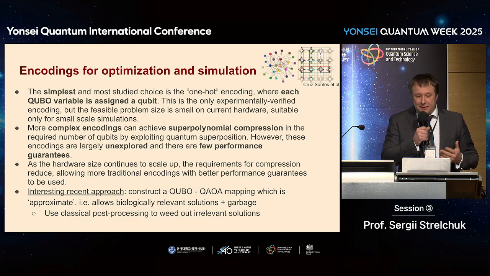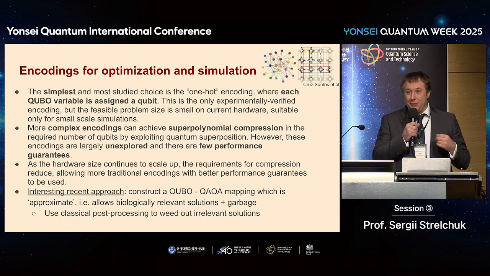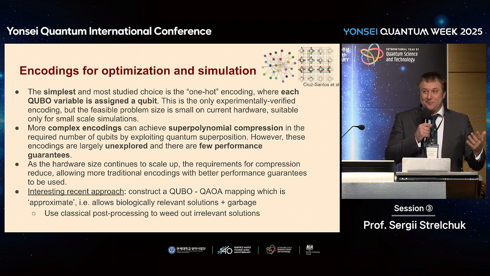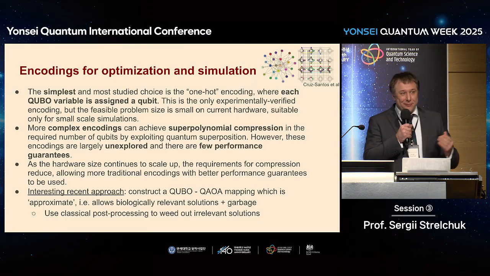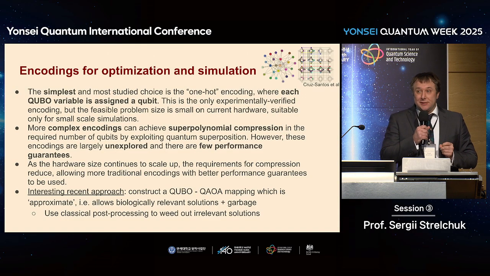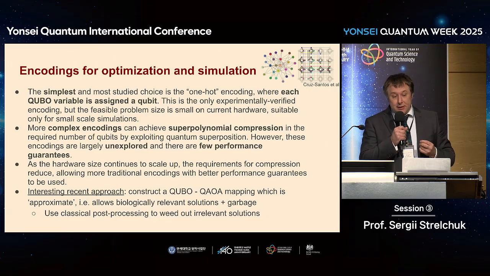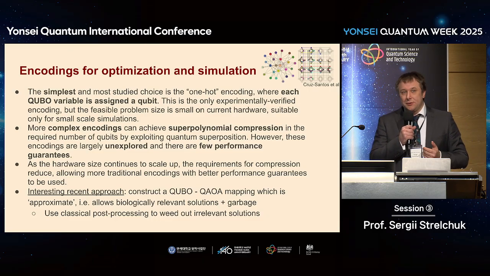There are encodings that may achieve superpolynomial compression of your problem, so that one qubit or several qubits could buy you an order of magnitude more QUBO variables that you can encode in them. Those encodings are largely unexplored, and even when they're introduced, there are very few performance guarantees.